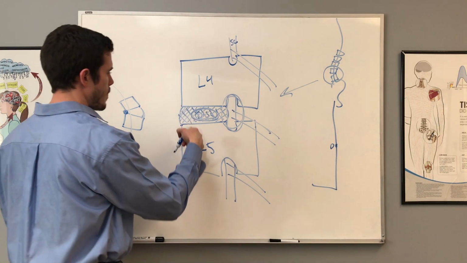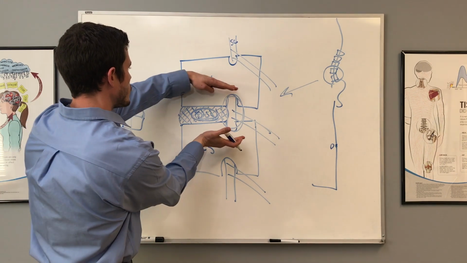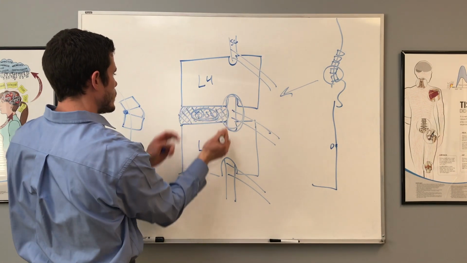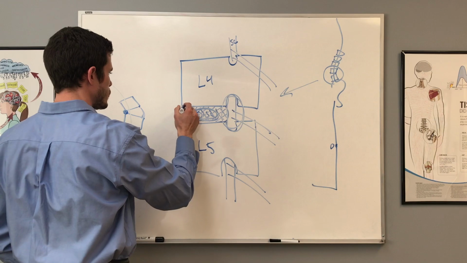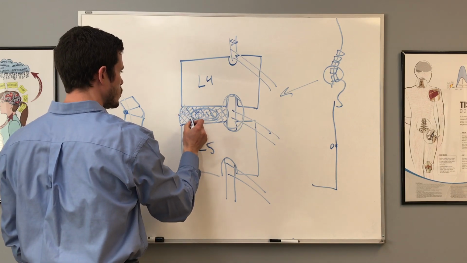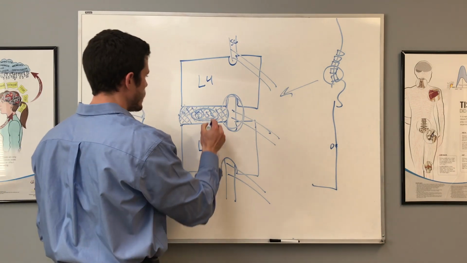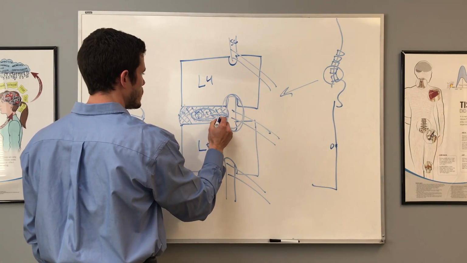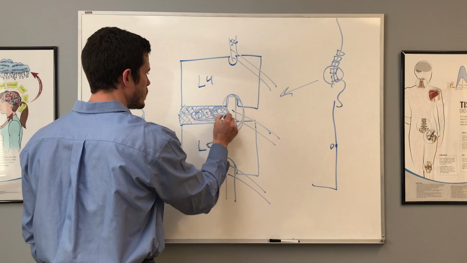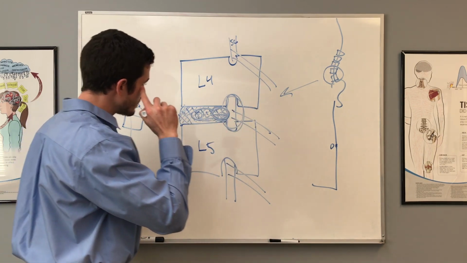So what happens if we look at this model here? If I were to bend this forward, there would be a lot of pressure here, and if you put pressure on this structure and it had some liquid in it, the liquid, or in this case the disc material, would migrate or push towards the back, all right?